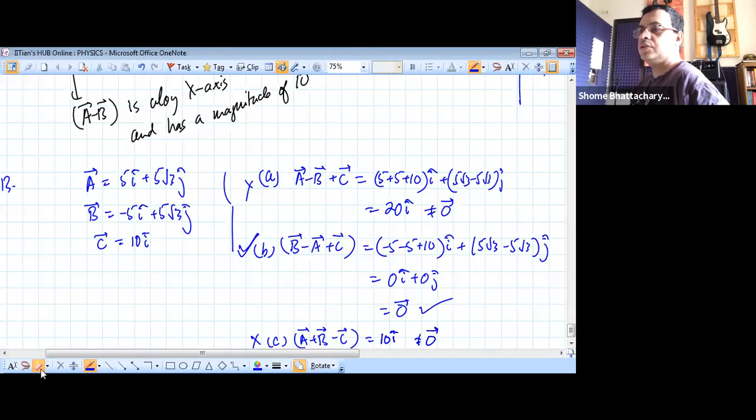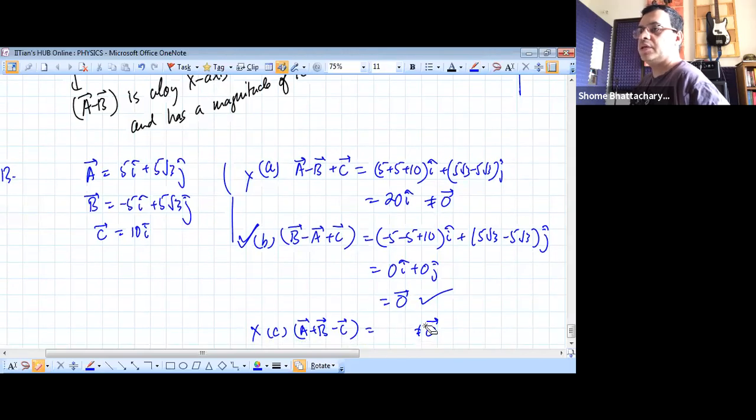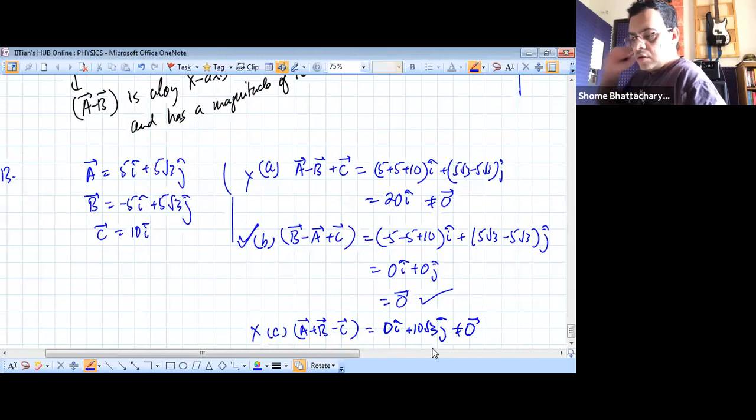Sorry, no, E plus B minus C. So ये वाला 0 हो जाएगा. 0 I cap, but plus 10 root 3 j cap. So again, this is not 0. So that's why this option is wrong. Okay, so that's question 13. Hope you understood this.